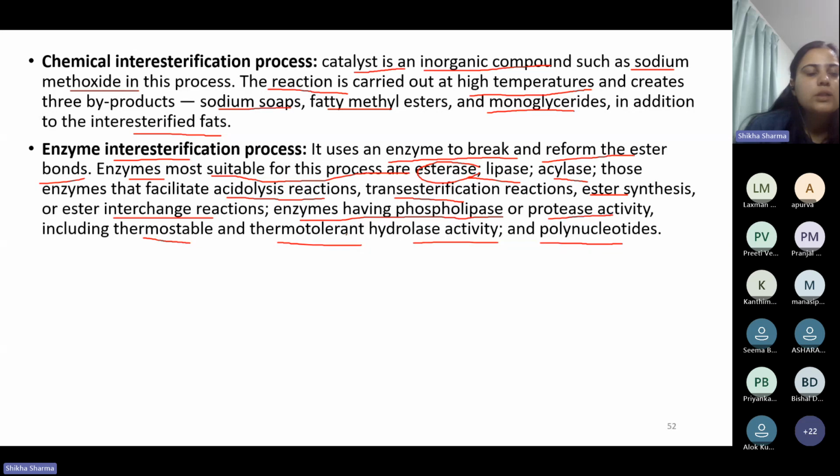These kinds of enzymes participate in the interesterification process.